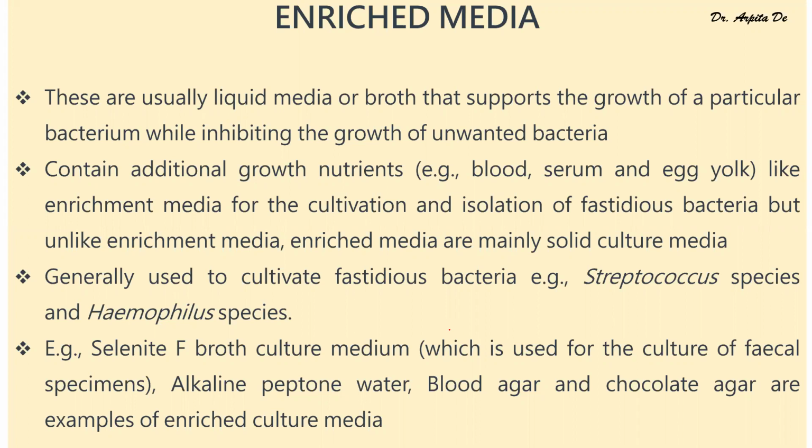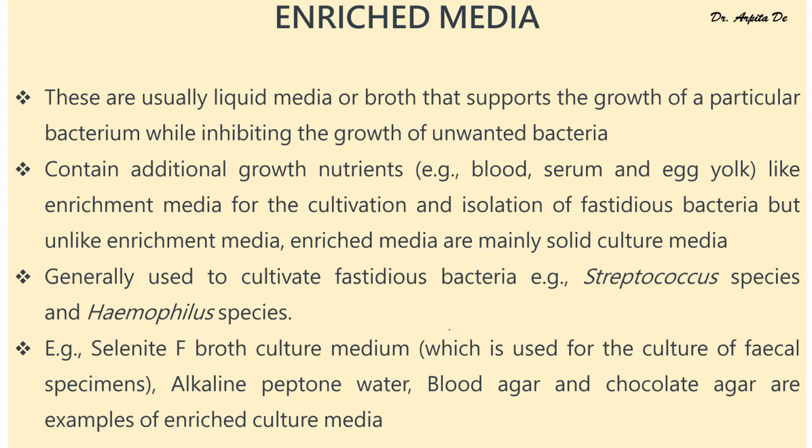You cannot say that only one particular bacterium will be there. There can be many, isn't it? Many different colonies of bacteria will be there. Now, enrichment media are very, very particular. They will only support the growth of a particular bacterium and will not support the unwanted ones. Unwanted bacteria will not be allowed to grow on that media.